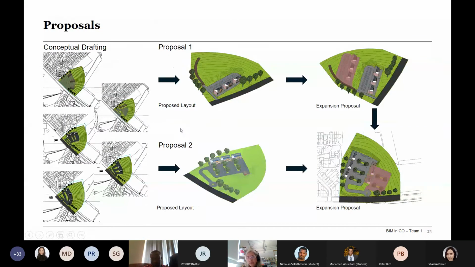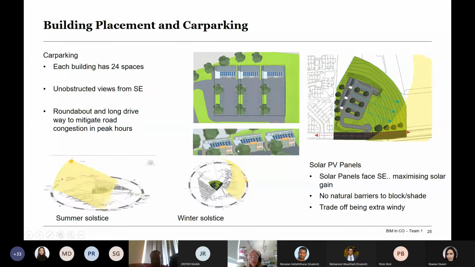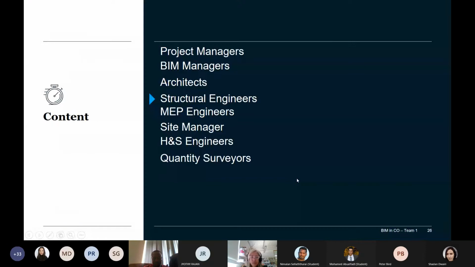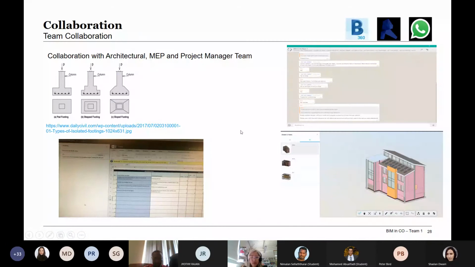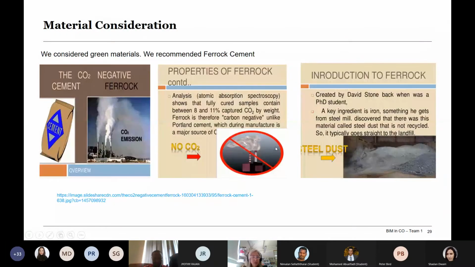Conceptual, so it's a little bit of moving that conceptual drafting through a proposal that works and coming up with a final decision, thinking about how to maximize, for example, natural light, reducing energy consumption, and so on. Structural engineers, you can see, for example, the planning, net of code and field, fabrication system, and the collaboration aspects of this work. And you can see how they came up with a final solution.